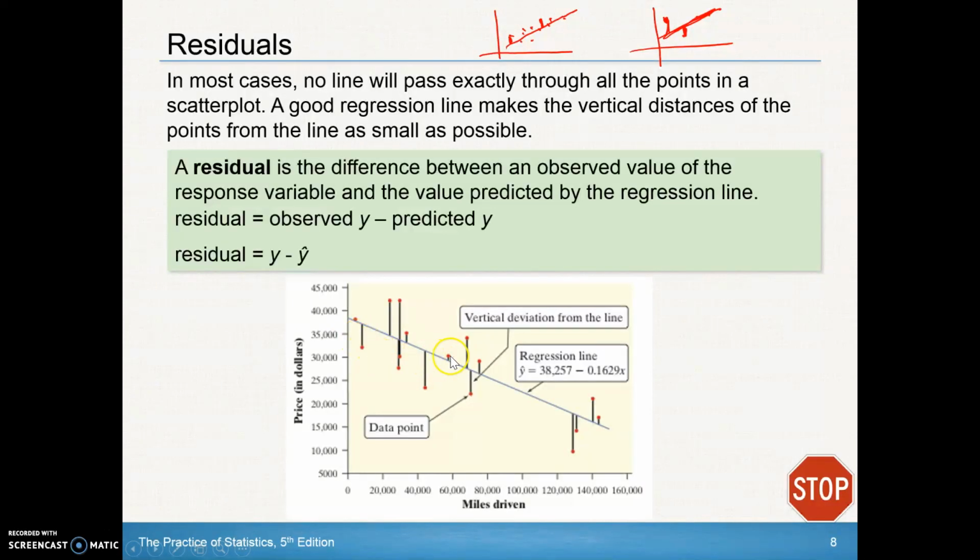We call that distance between the observed y and what I would predict on the regression line a residual. So that residual is the observed y minus the predicted y. I like to always think of this as the ROP formula: the residual equals the observed y value minus the predicted y value. So ROP.